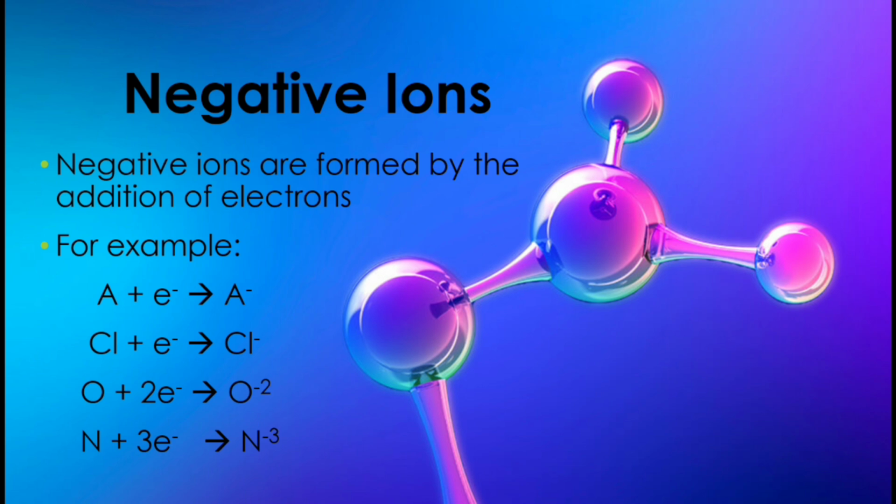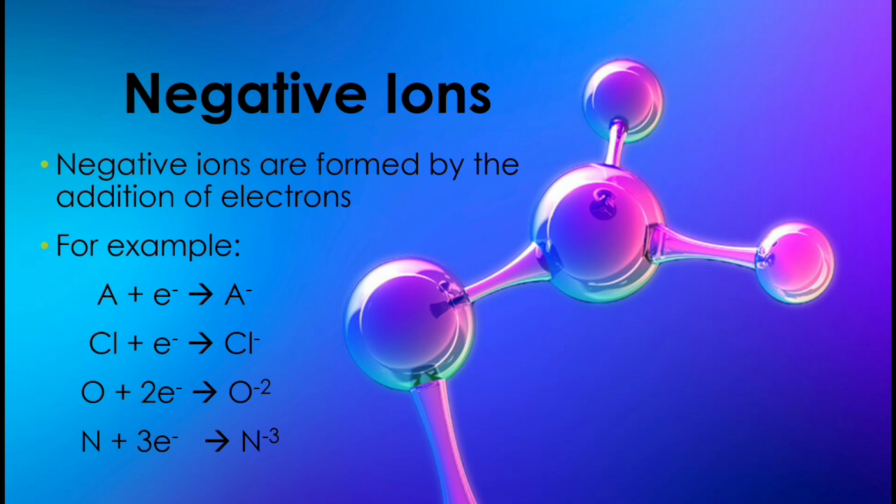What about oxygen? Oxygen will gain 2 electrons and it will get a -2 charge, and the ion is the oxide ion. What about nitrogen? Nitrogen will gain 3 electrons and it will get a -3 charge, and the name of the ion is nitride ion. So this is how negative ions are formed. The number of electrons gained by the atom, it will get the same charge. If it gains 1 electron, it will exhibit -1 charge.